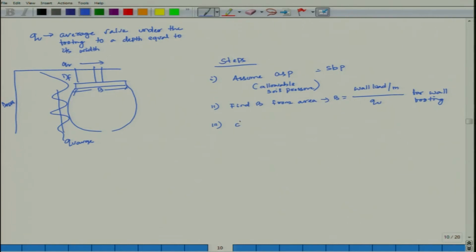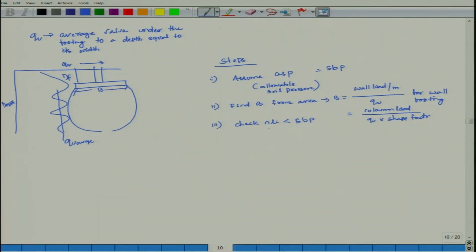Then step 3, check whether net load intensity is less than soil bearing pressure or not. Here it is either wall load per meter divided by QU, or column load divided by QU into shape factor.